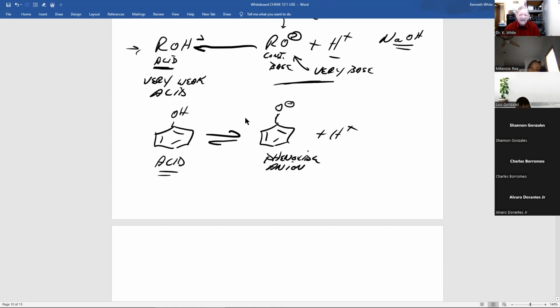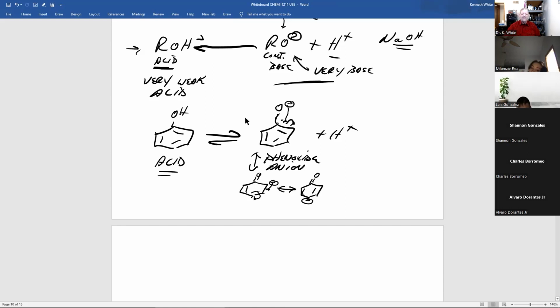Because I can draw different resonance forms. If I move the electron here, this goes there, and I show it by a double arrow. And I can do a couple more. I'll just do one more. Again, the switch is off, so please don't copy this down.